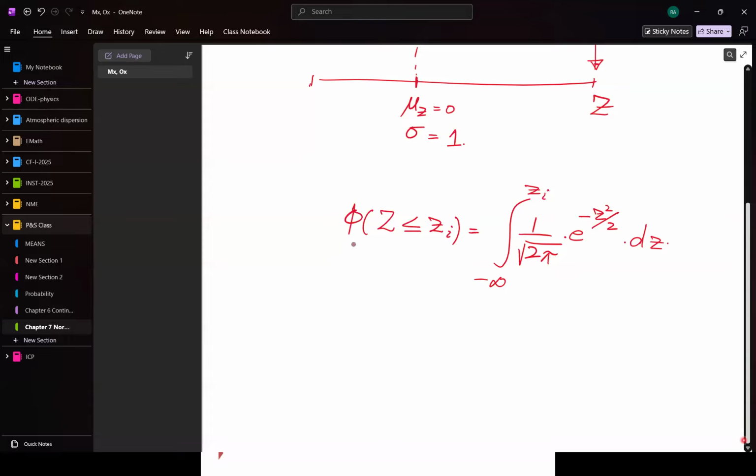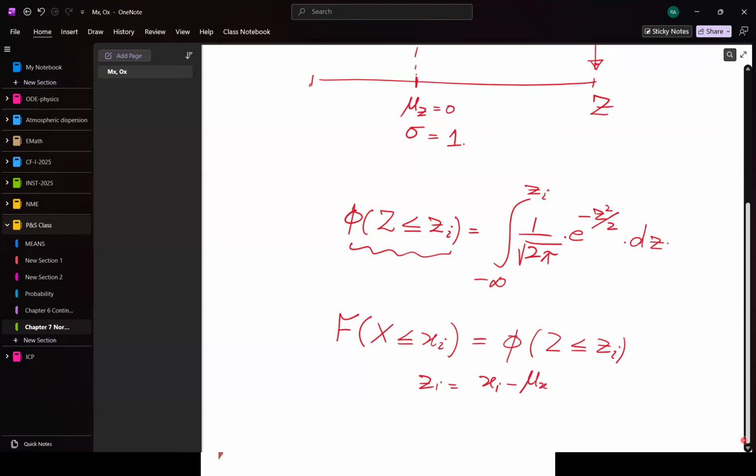Actually this cumulative distribution function in z will give us equivalent results for F of x, where x is less than or equal to xi, and this will be equal to our calculation phi of z less than zi, where the relationship is zi equals xi minus mu of x over sigma of x.